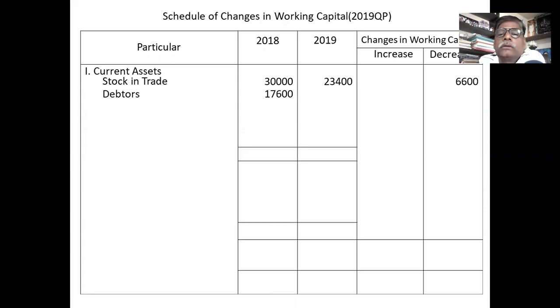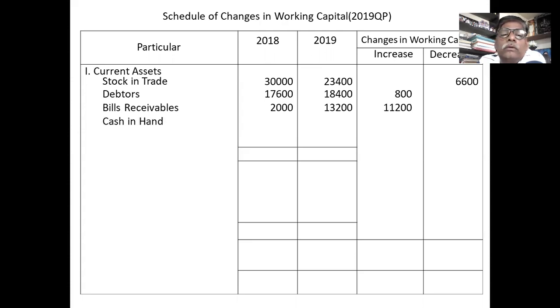Next is debtors. 17,600, 18,400. So here is the increase. So increase you write in the increase column. Only 800. Third is bills receivable. 2,000, 13,200. So here is an increase. Increase is 11,200.